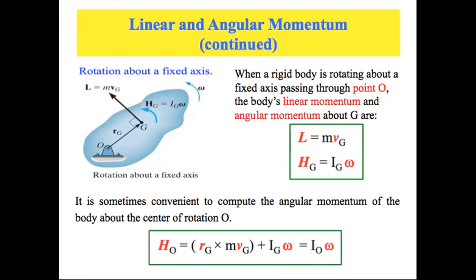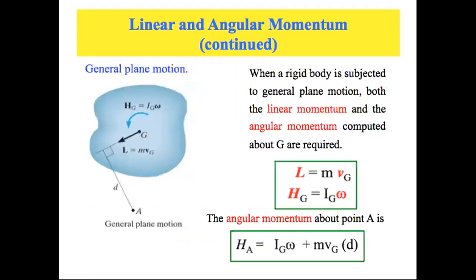The last type of motion of a rigid body is general plane motion.